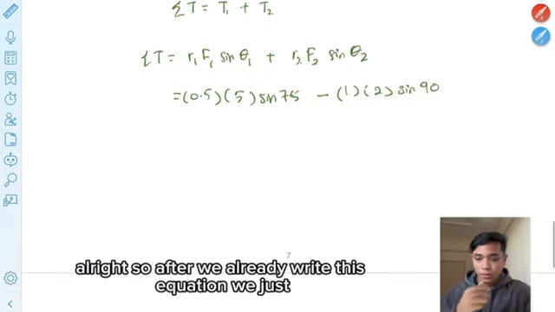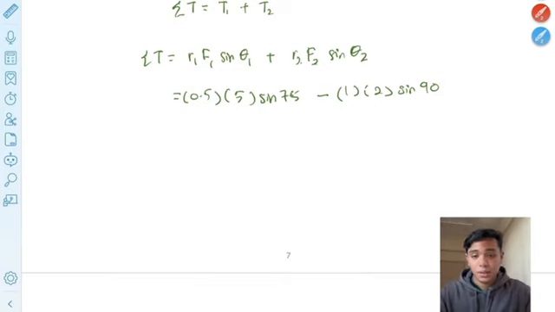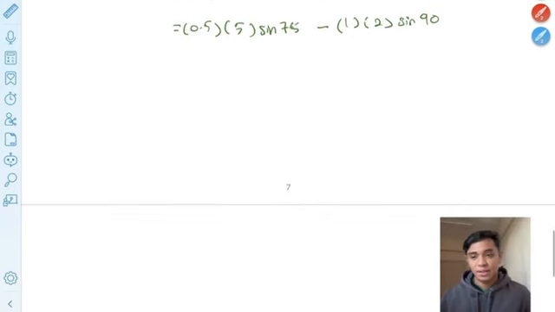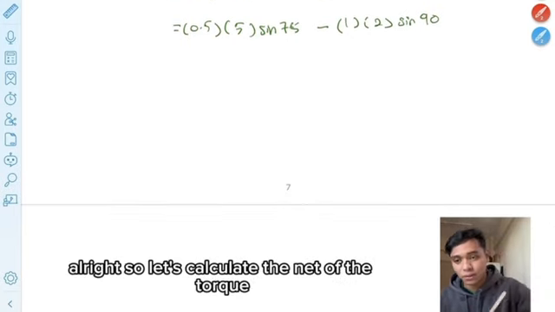After we write this equation, we just use a calculator to get the answer. Let's calculate the net torque.